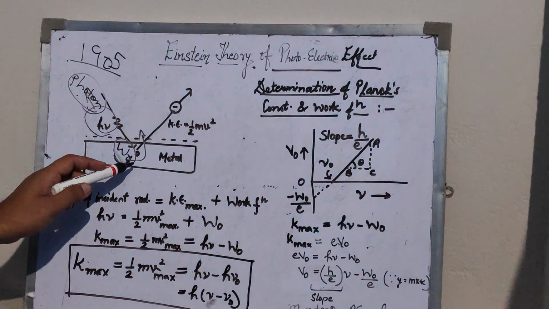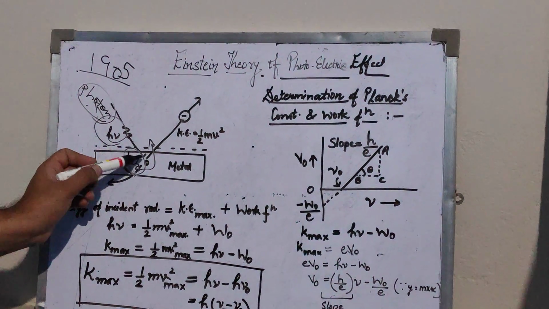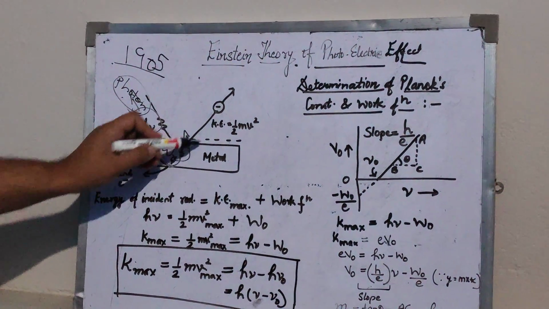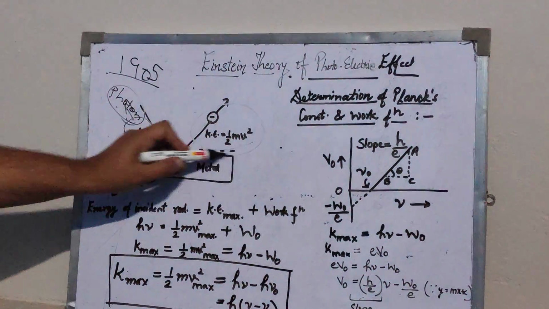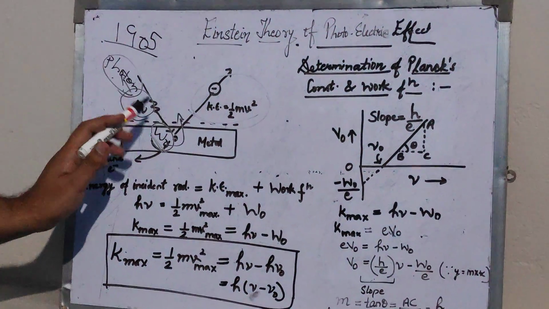And second, the remaining energy is used in imparting the kinetic energy. It will give the kinetic energy with which the liberated electron will come out from the metal surface and accelerate toward the space.